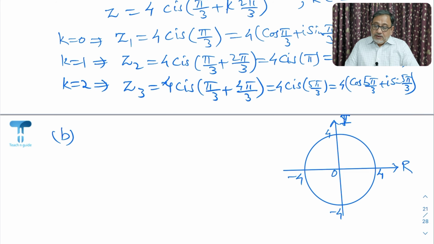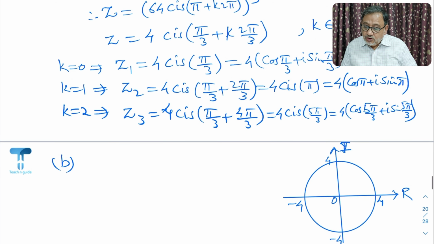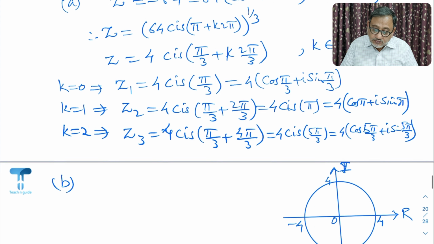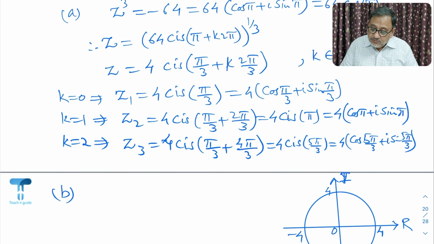Now where will be these 3 points? So cos pi is minus 1. The first one is z1, cis pi by 3. Pi by 3 will be in the first quadrant somewhere here. So I will join this. I will write it in short.